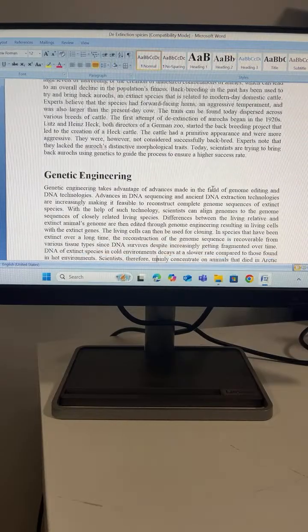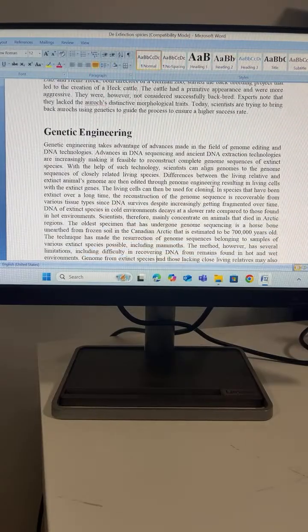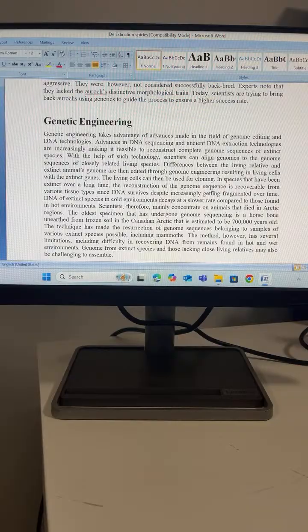Genetic engineering. Genetic engineering takes advantage of advances made in the field of genome editing and DNA technologies. Advances in DNA sequencing and ancient DNA extraction technology are increasingly making it feasible to construct complete genome sequences of extinct species.